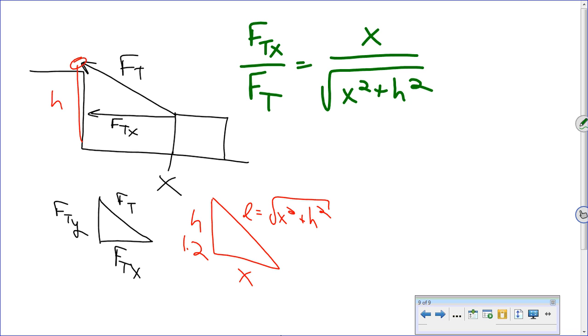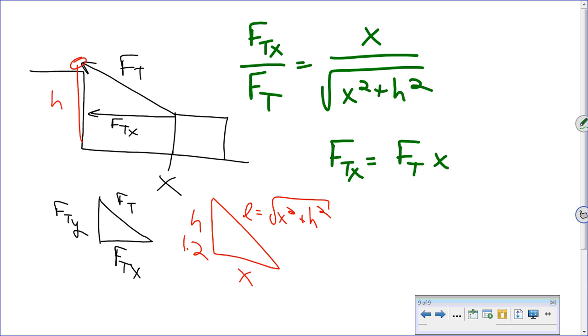Does that make sense? Does everybody understand that those two triangles are similar? And does everybody understand that we can then set ratios between sides equal to each other like that? Okay, cool. So multiply both sides by Ft, you get this. Our force of tension in the x direction is going to be our force of tension times x.